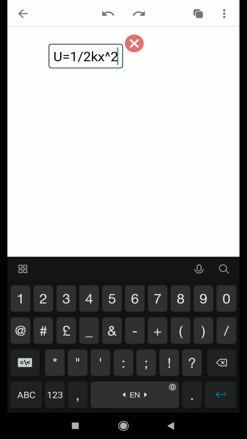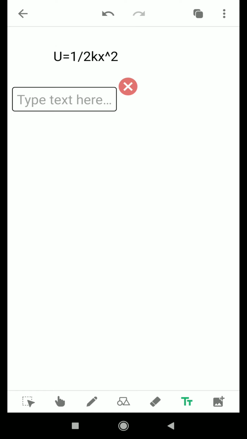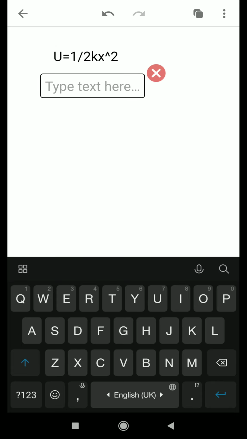Here U is potential energy. So the dimension of U, the dimension of potential energy, is M L square T to the power minus 2.